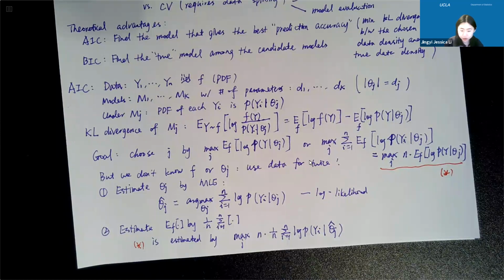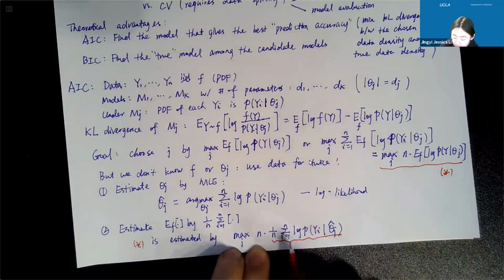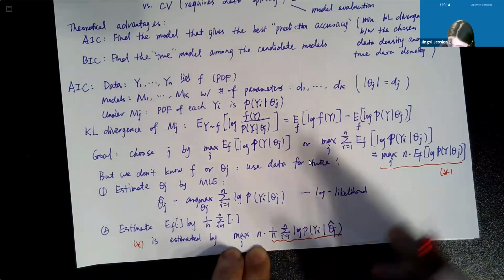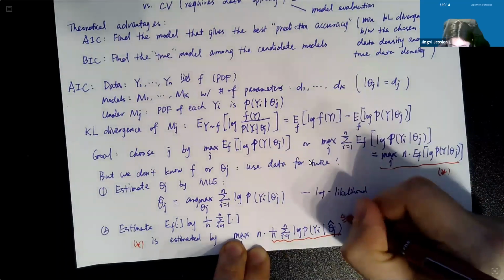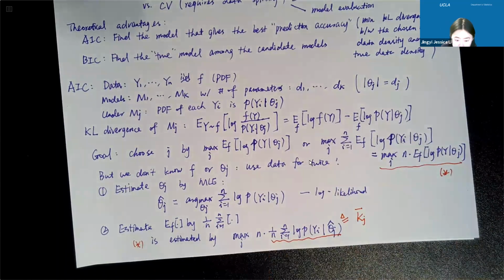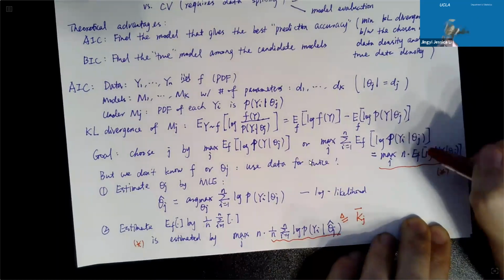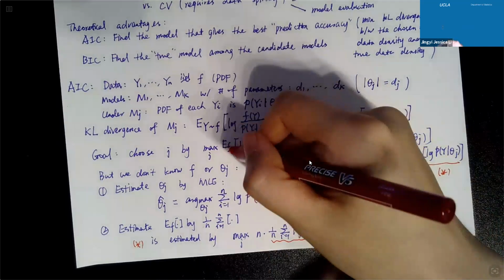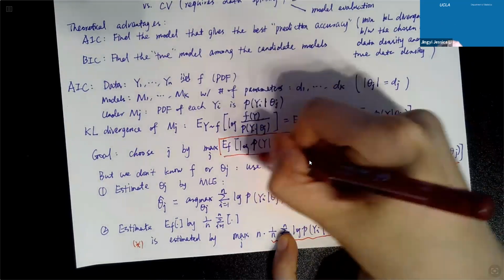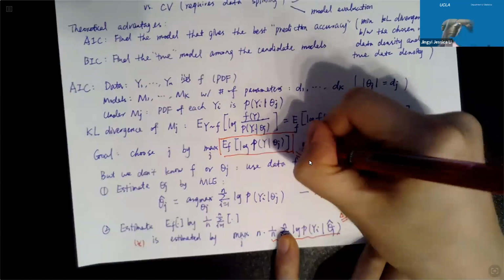Okay, so from now on, I'm going to give you a shorthand notation for our convenience. For this part, 1 over n times the summation with the MLE, I'm going to denote this as kj bar. It's a quantity. And for this term, the expectation of the log density, I'm going to denote it as kj.